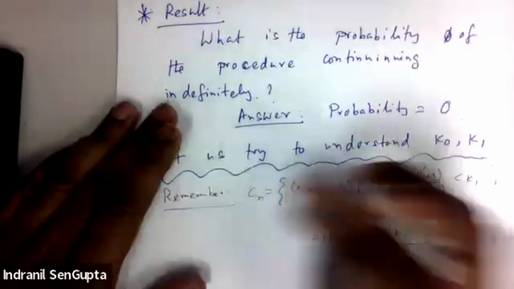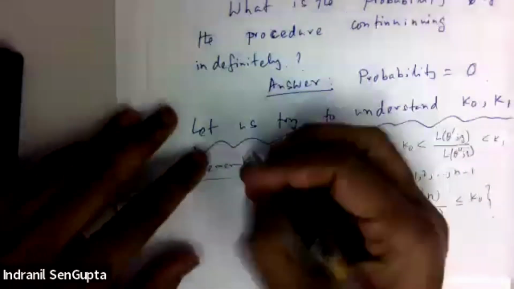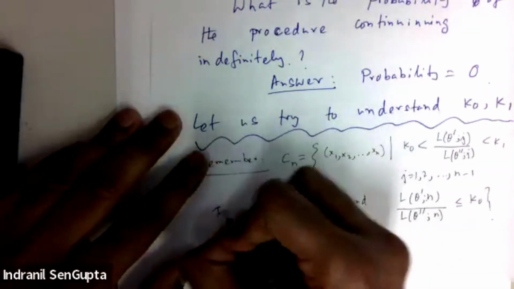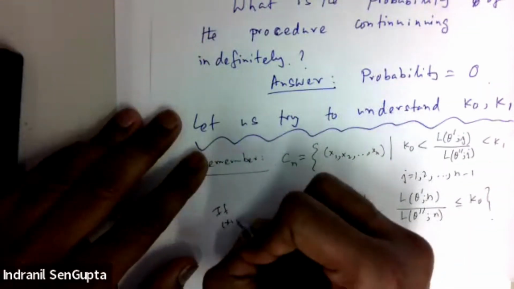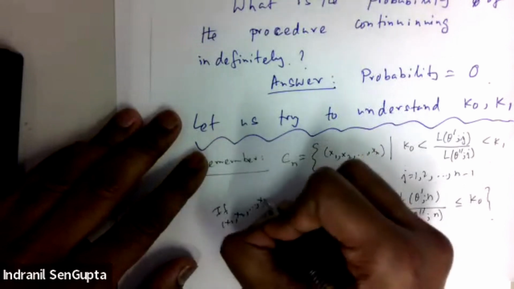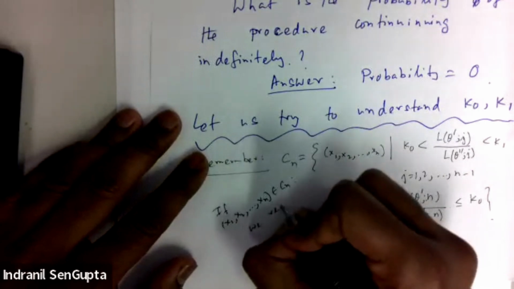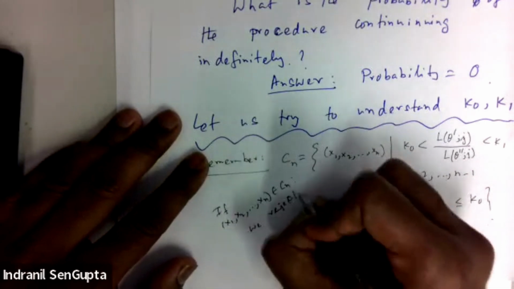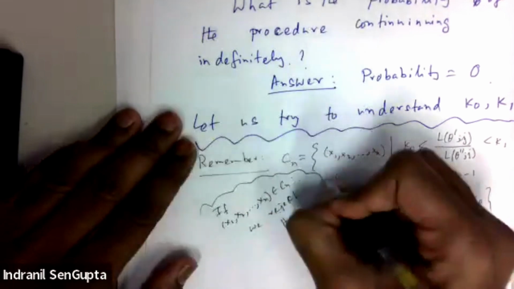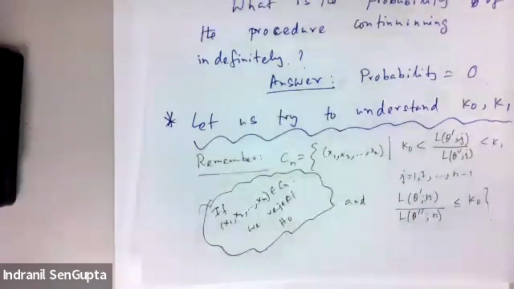So in this case, if x1, x2, xn is in Cn, we reject H0, as we have seen. So that is the first one.